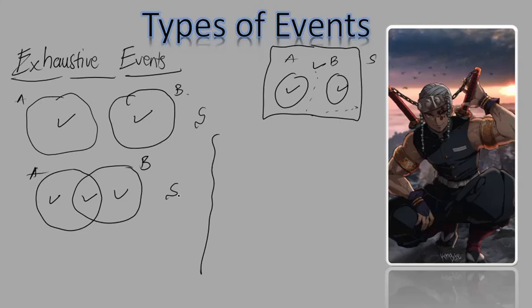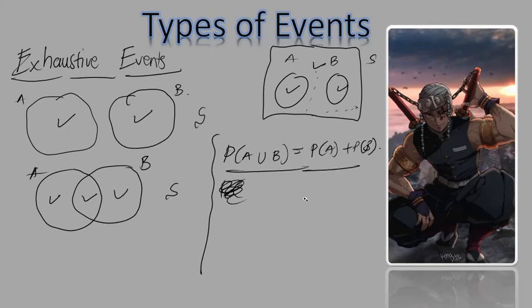In this situation, the probability of A or B is equal to the probability of A plus the probability of B. You'll get these things later on, but this is what you need to know for exhaustive events. Your exhaustive events can be disjoint or they can be joint.